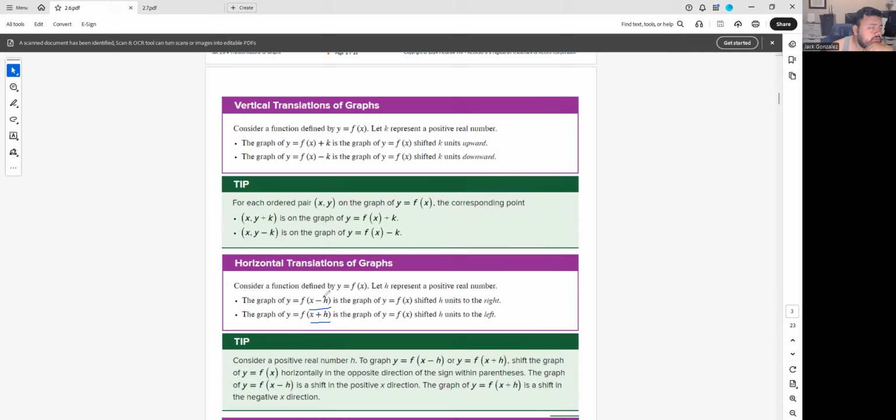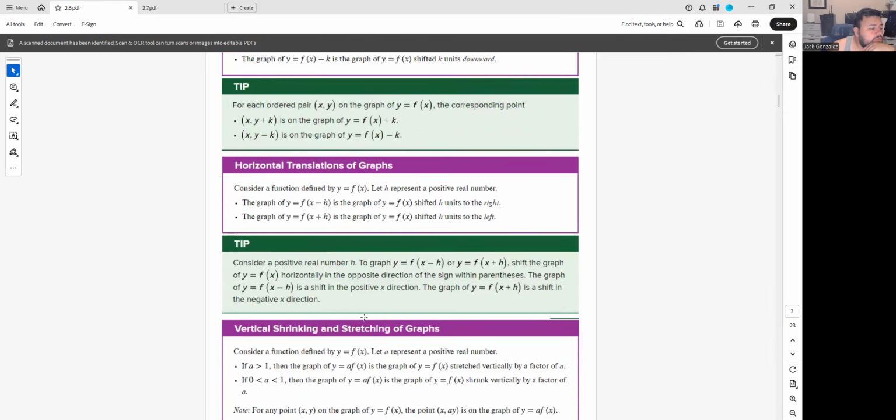So this is opposite. If it's positive, it'll go to the left. If it's negative, it'll go to the right. Although when it's straight up on the outside, it's up and down. And here's a tip to help you remember that it's going to shift all the y values. And this one is going to shift horizontally in the opposite direction, which we already said.